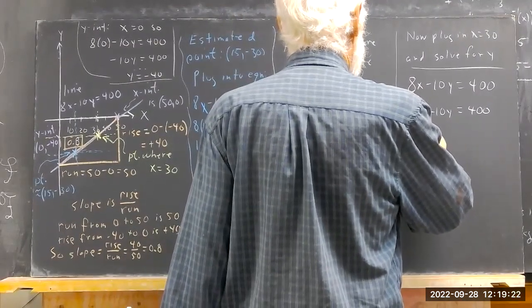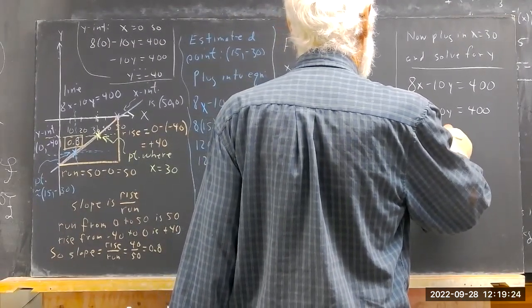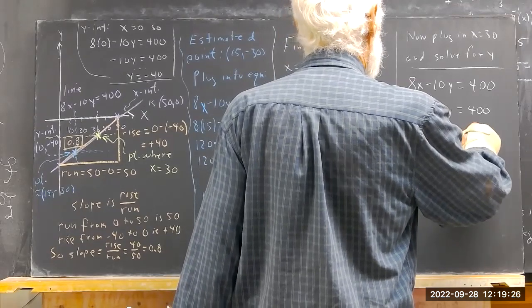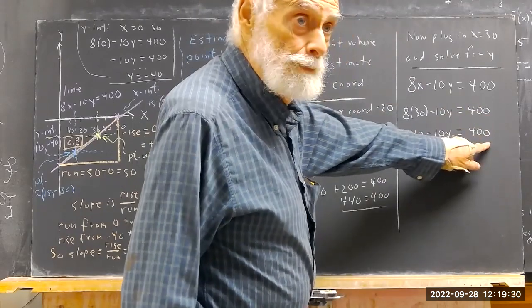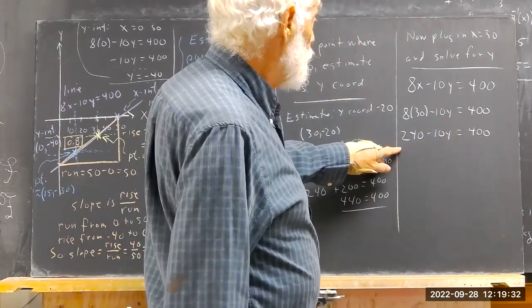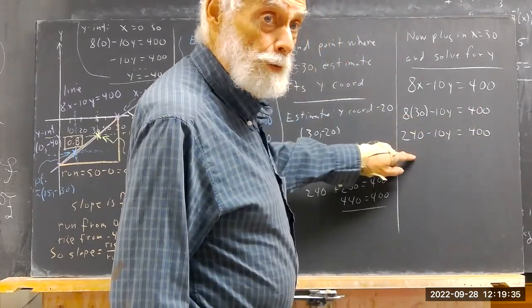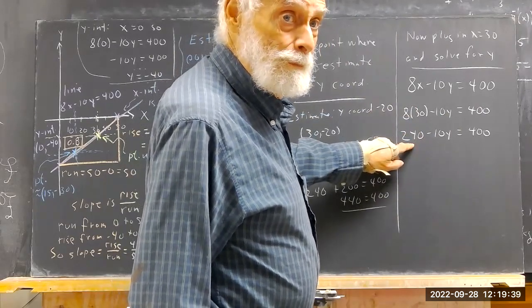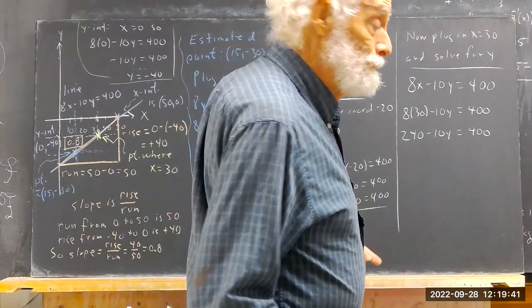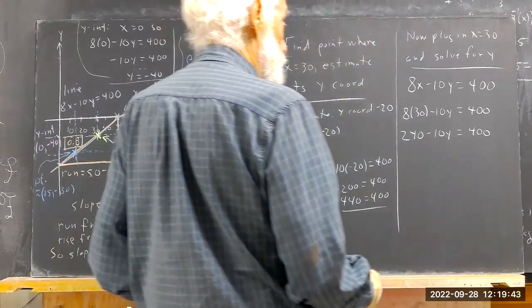Well, 8 times 30 is 240. Now we haven't done anything to this side except multiply 8 by 30. So we replace 8 times 30 by 240. We haven't changed anything. We've just done a little bit of arithmetic.